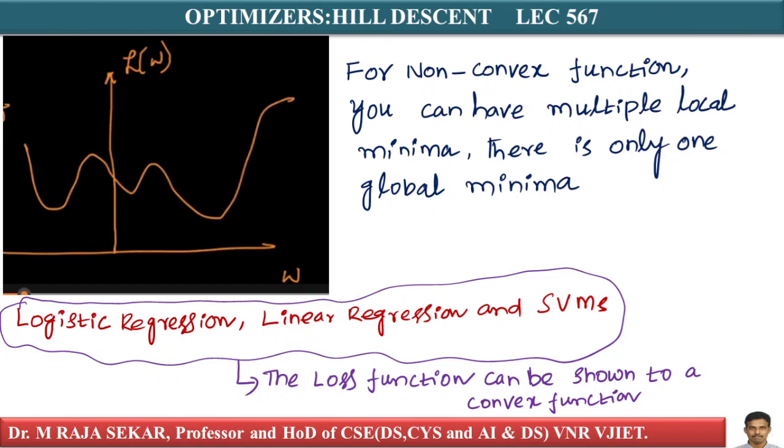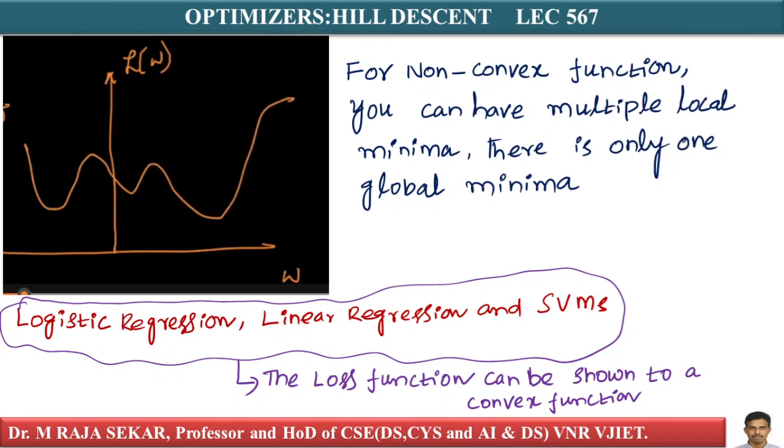A very important thing for you is that for logistic regression, linear regression, even support vector machines, in all these cases the loss function we are optimizing can be shown to be a convex function.